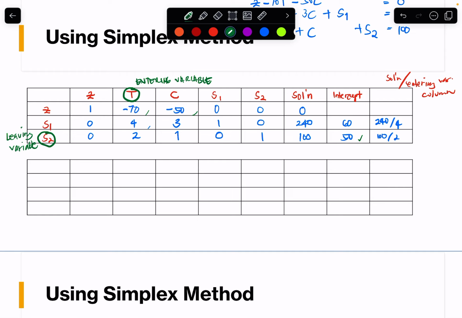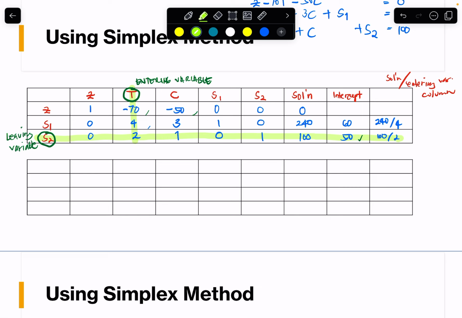So this will be our entering variable, and this would be our leaving variable.